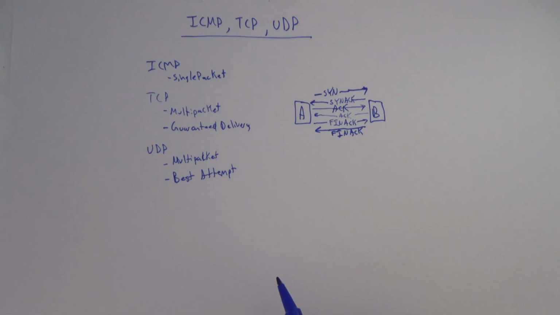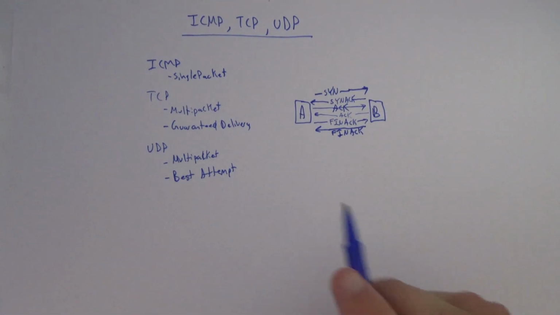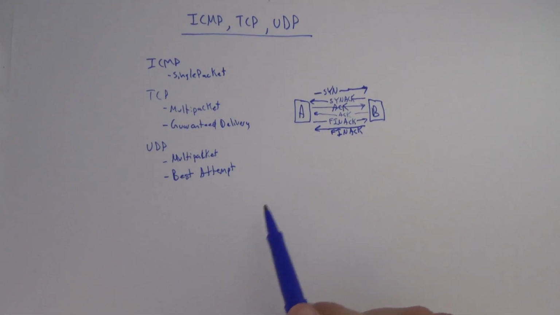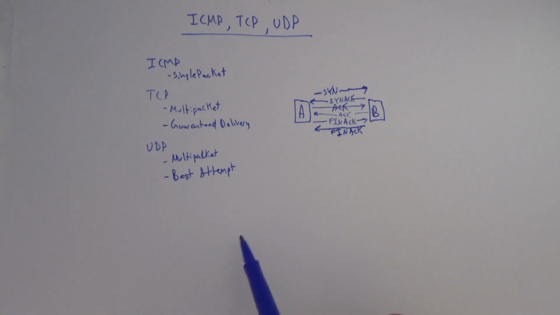Well, consider streaming media, for example, from Netflix or Amazon Prime or Hulu or whatever the popular streaming service is today. If you consider a 1 hour long video or a 45-minute TV show episode, within those 45 minutes, we're talking thousands, hundreds of thousands of packets.